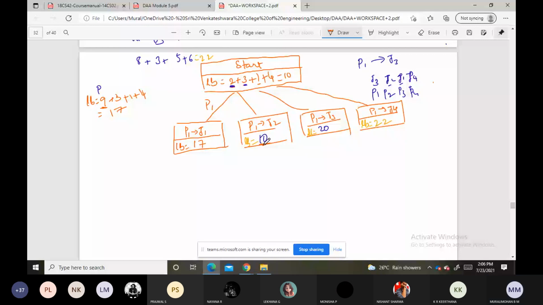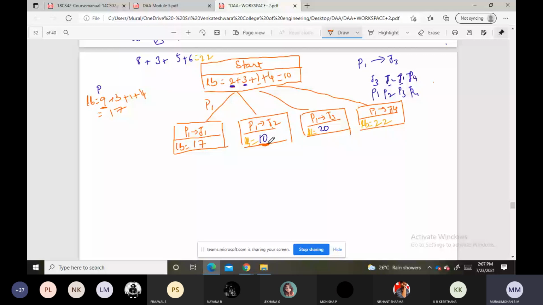It is fixed. Is it clear? Now we will ignore the remaining 3 nodes and consider only this one. Now person 1 is assigned with job 2.